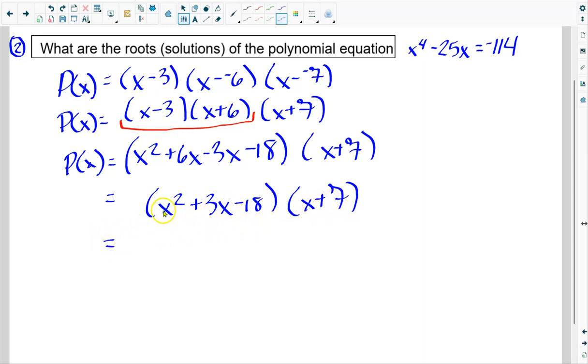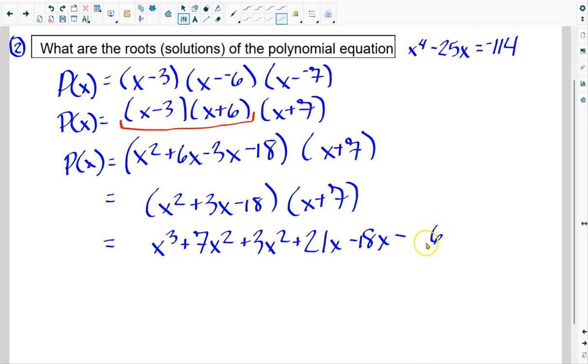So here we go. This guy with this guy, x cubed, 7x squared plus 3x squared, that's 21x, minus 18x, and we have a big number here, which is what? 6 times 21, 126.